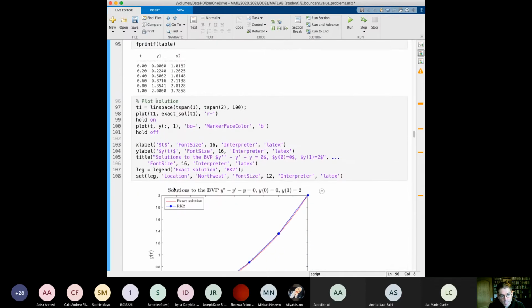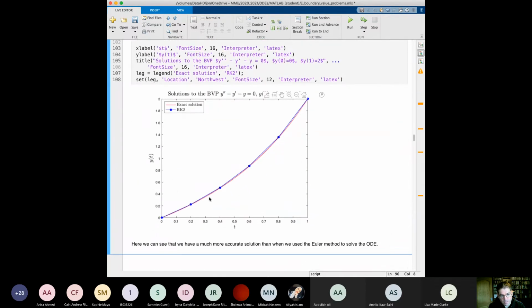Again, if I plot that, you can see we got better. Still, a fourth order method, if I used RK4, would have been better still, but you can see that's given us a solution. So always be wary whenever you're converging on a method which isn't very accurate: you're just converging to an inaccurate solution.